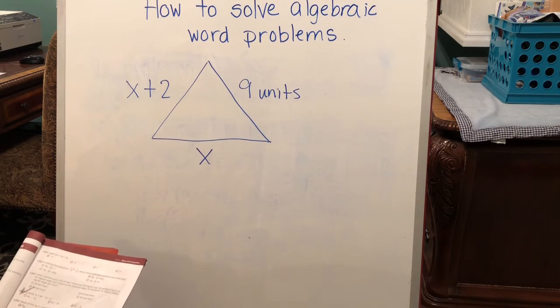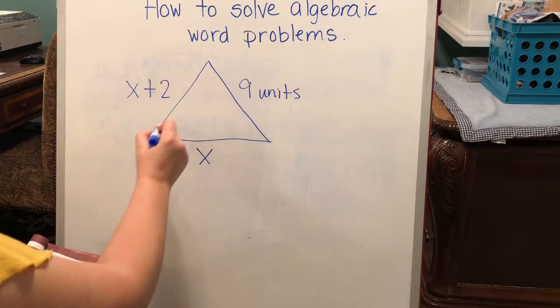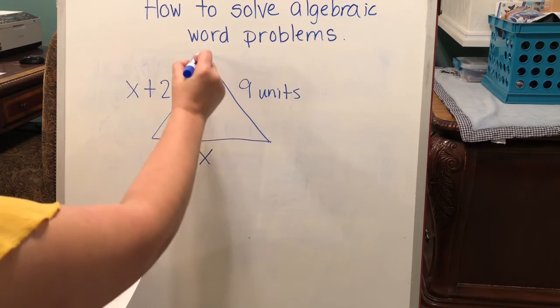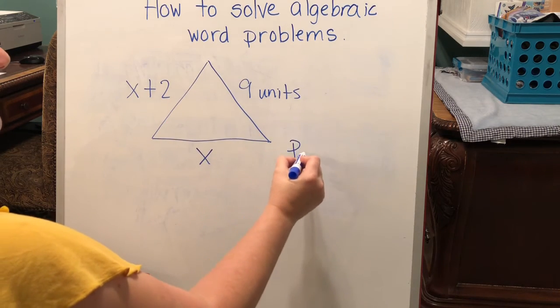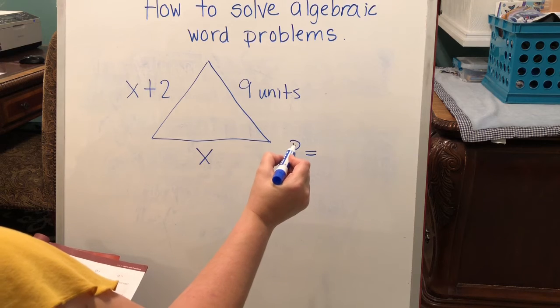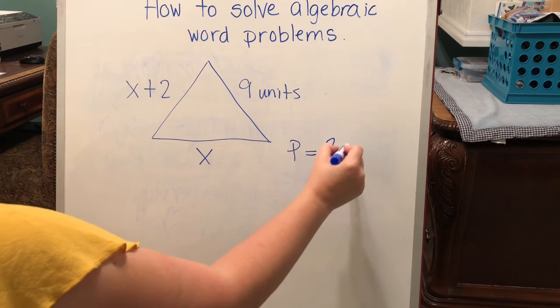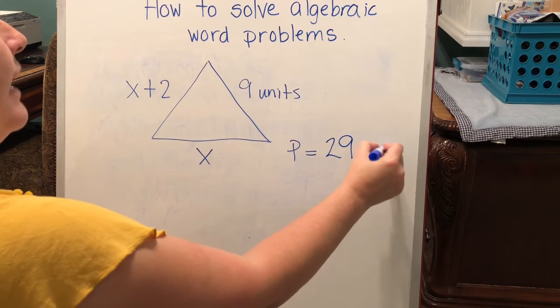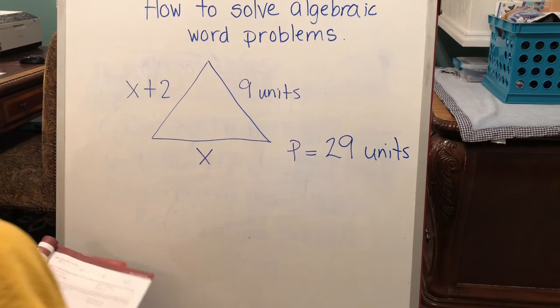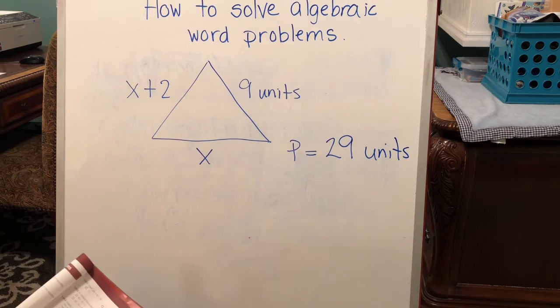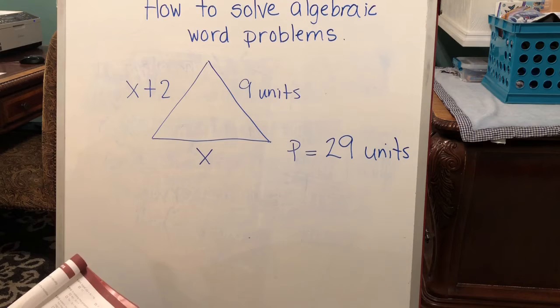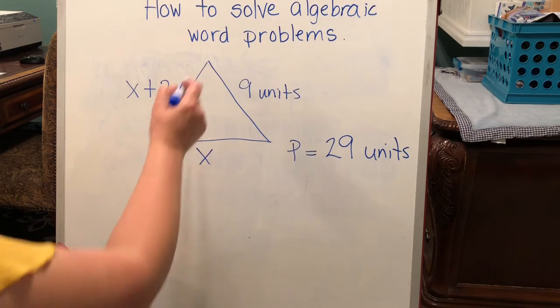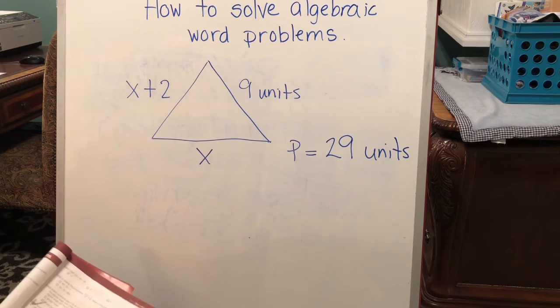Okay, the perimeter, to go all the way around, perimeter equals 29 units. Now you do have to know something that they didn't tell you. They're assuming that you know how to find perimeter, and that perimeter is the sum of all 3 sides.